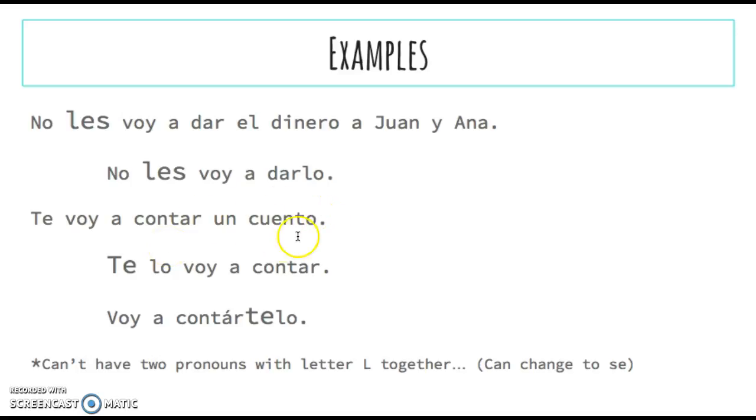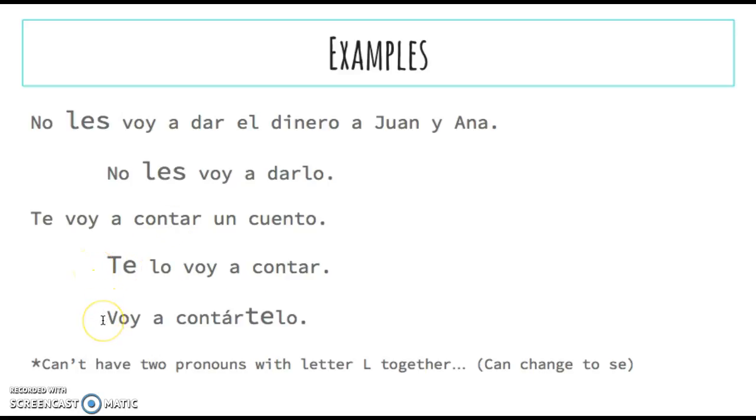Un cuento is a story. That's our direct object. To whom am I going to tell the story? To you. This is our indirect object. So I'm going to replace those with some pronouns. Te lo voy a contar. I'm going to tell it to you.